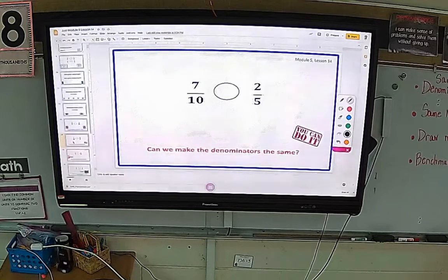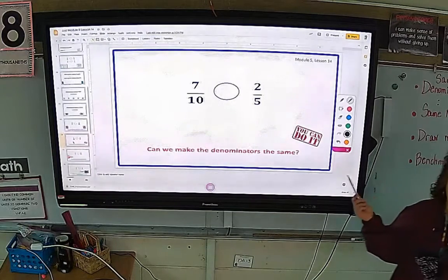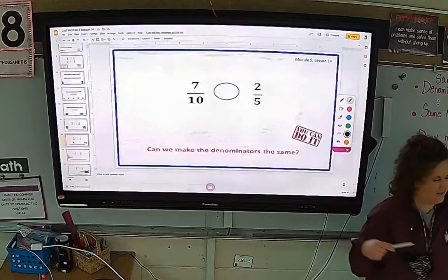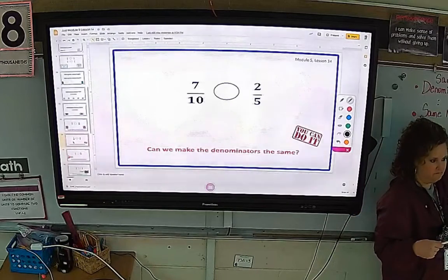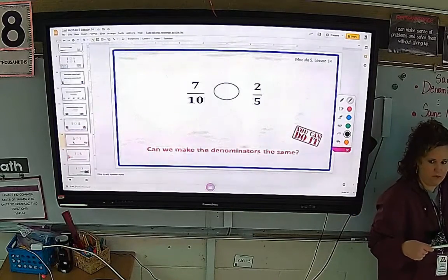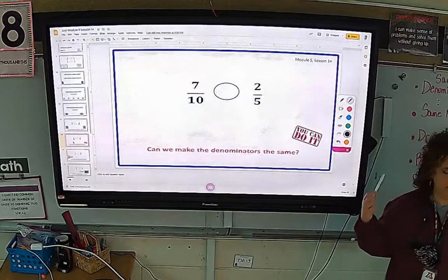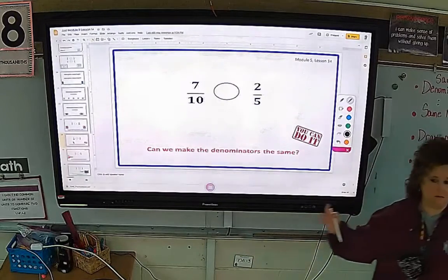Because when I think of 7/10 and 2/5, I mean, if they both had a 1 on the top, that'd be easy. But they don't. And so now this has gotten harder to do, unless I can change something.